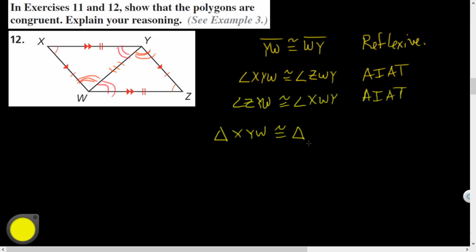XWY was congruent to... No. You're talking about the same triangle, but in the wrong order. You've got to match the order that I gave. Yeah. Z, I agree, because Z and X are congruent. W, because that's congruent to Y, and Y was the middle letter. I like it. All right. And because all corresponding parts are congruent, something like that.